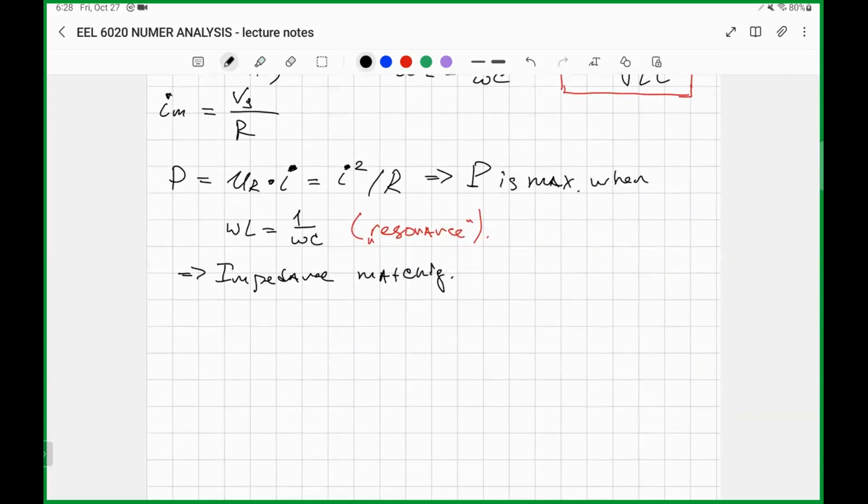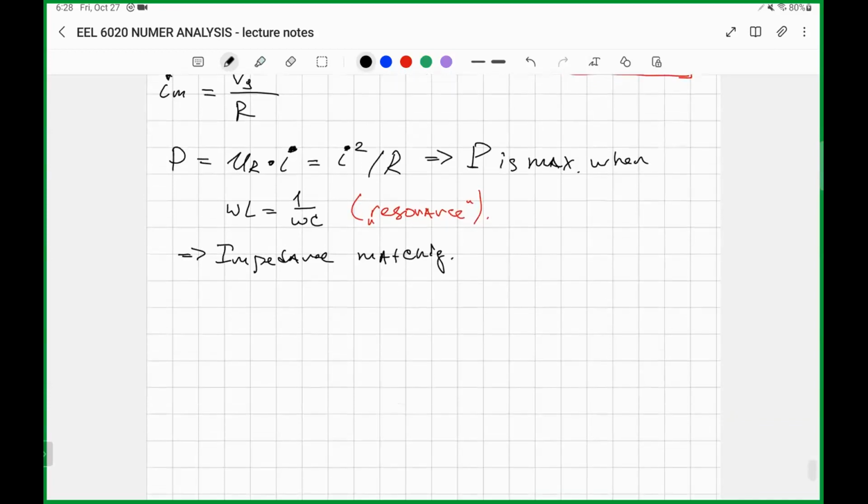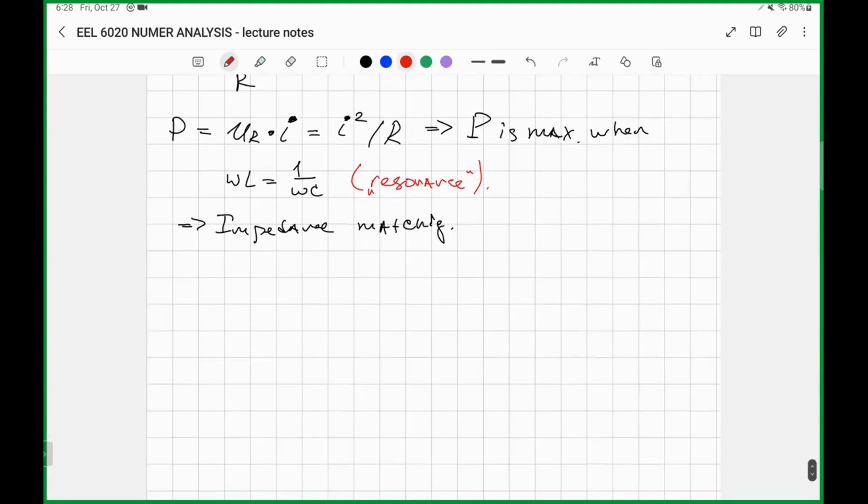So let me tell you about the eddy currents next, because this is another manifestation of the quasi-static fields.